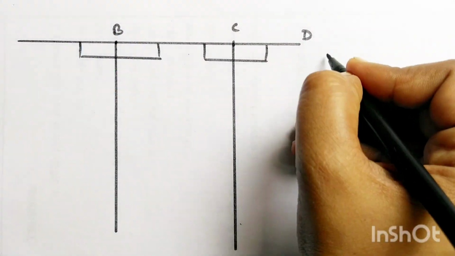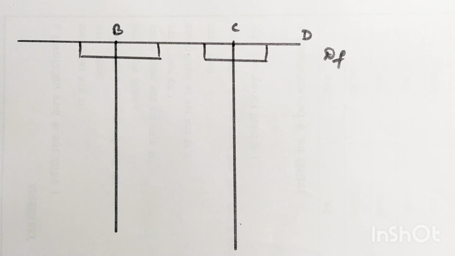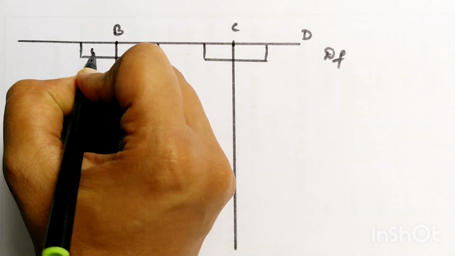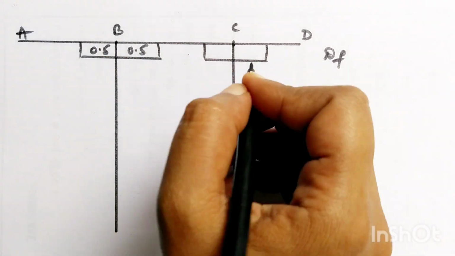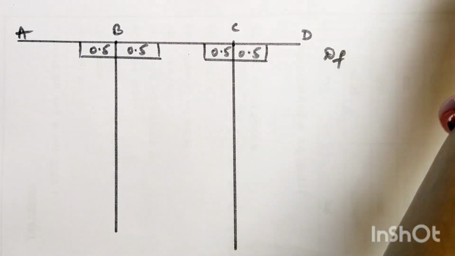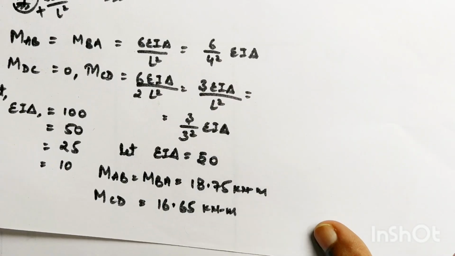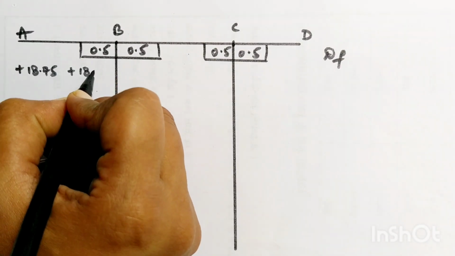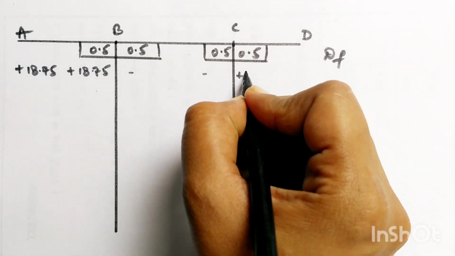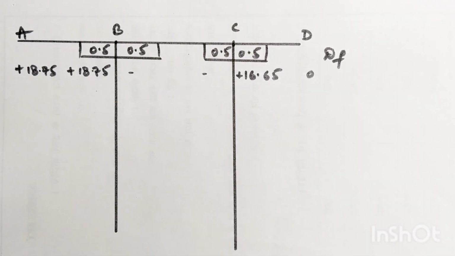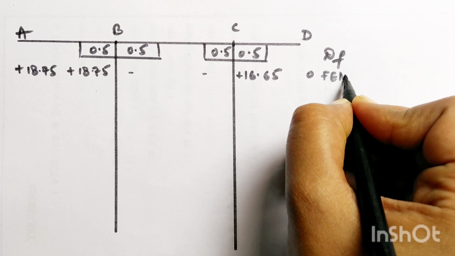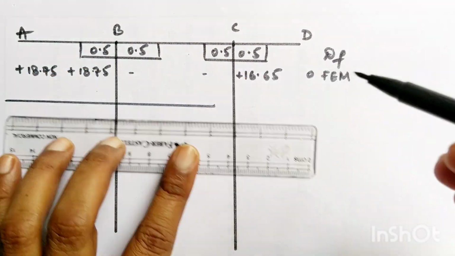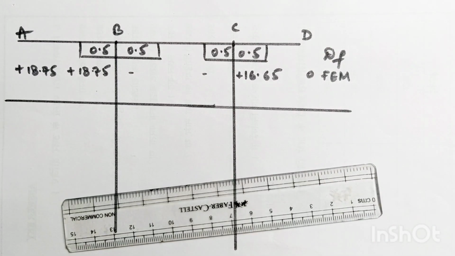So here we are, same table, and the DFs we are using are the same ones we have calculated. So half and half, 0.5, we'll be putting that, and now I'll be using these moments as FEMs, and now here I'm writing it.